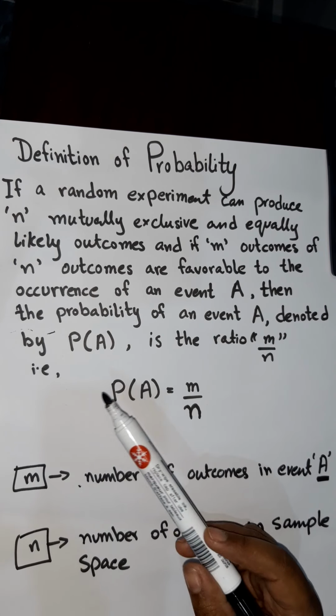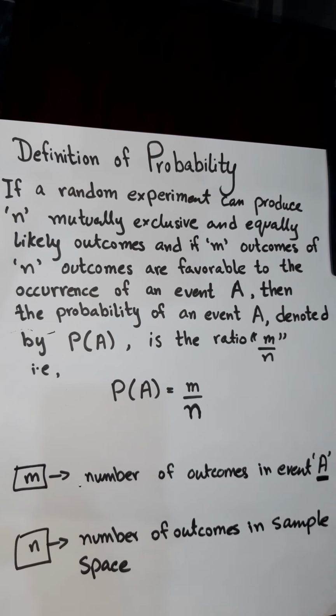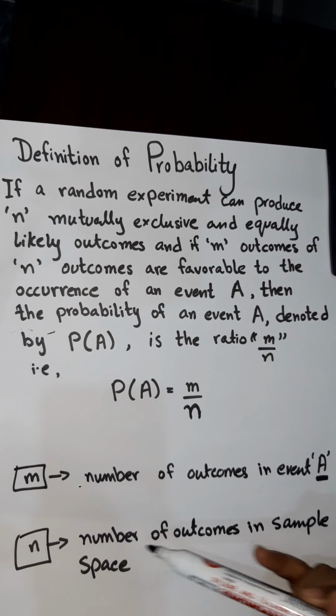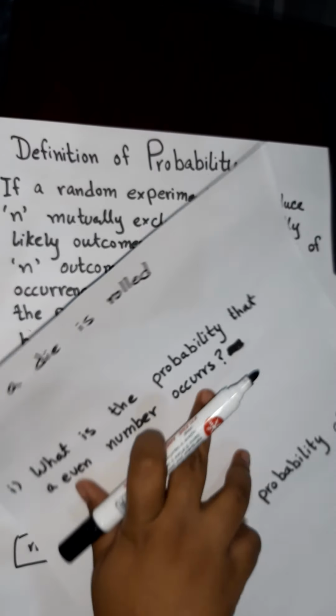So we can measure the probability by dividing the total outcomes of the event by the total outcomes of the sample space. Now the example will make you more clear.